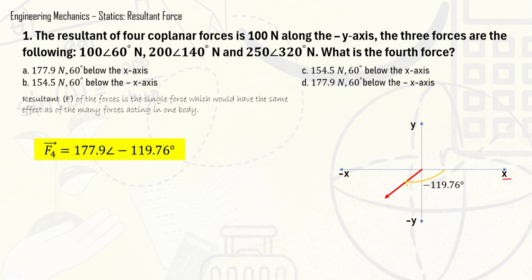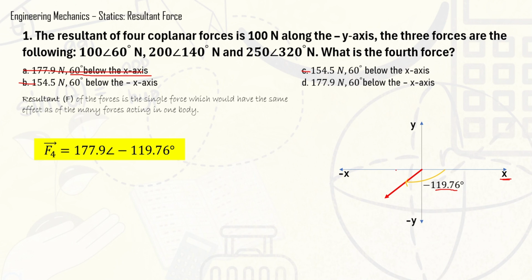Looking sa choice A natin, 60 degrees below the positive x-axis. And mali na si A kasi ang below positive x-axis natin is 119.76, hindi 60 degrees. So, na-cancel out na din si A. Cancel out din si B and C. Ang tamang sagot, or we're left with letter D.